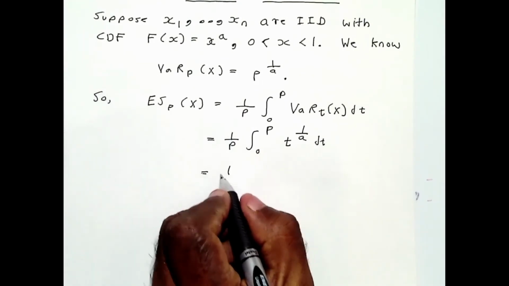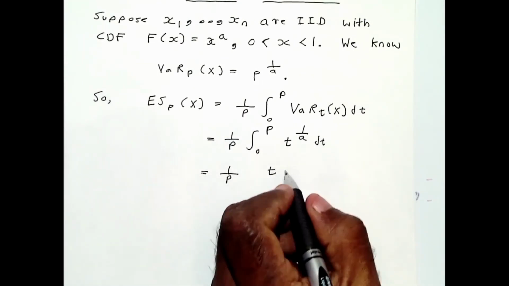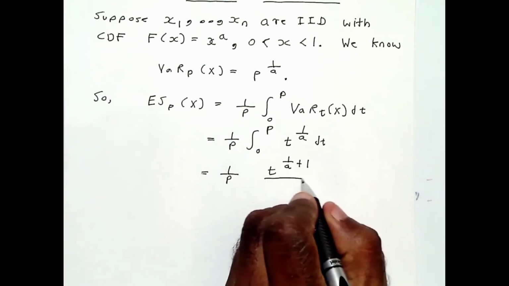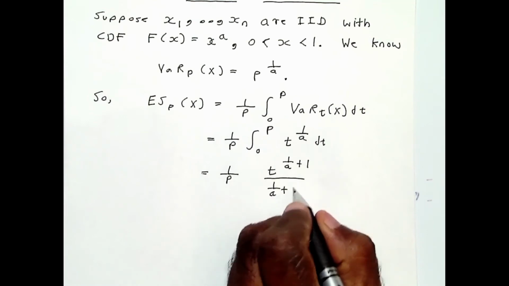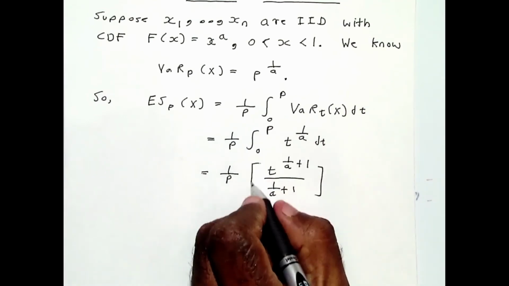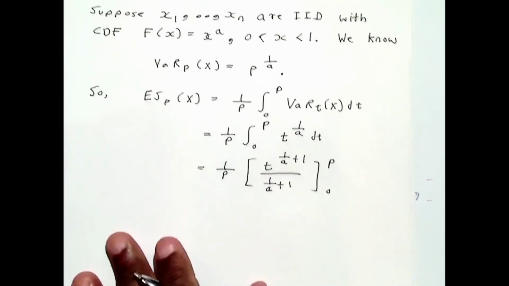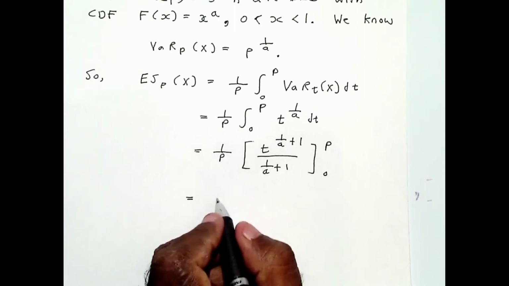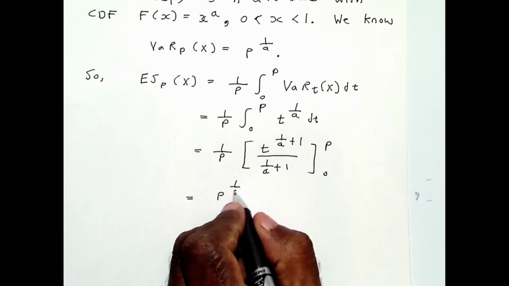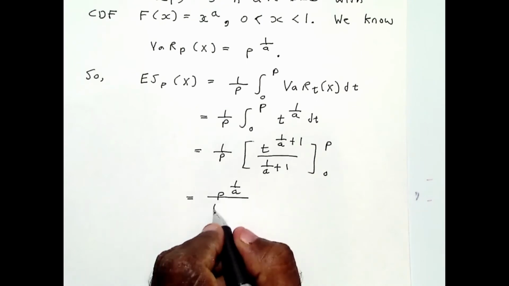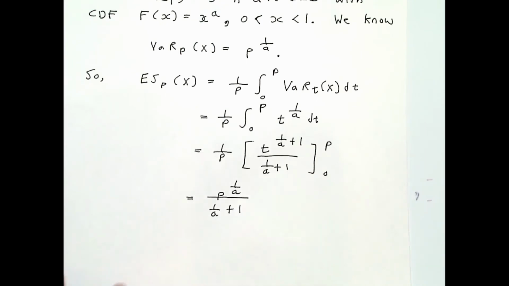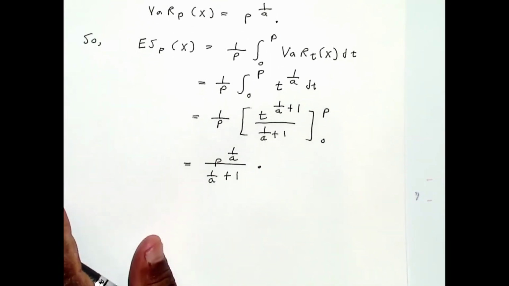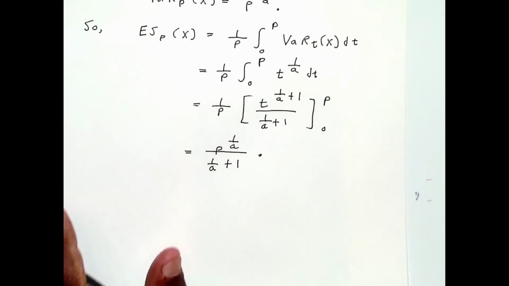Now, if you integrate this and simplify, you get P raised to the power 1 over A divided by 1 over A plus 1. So this is the expression for expected shortfall for the power function distribution.